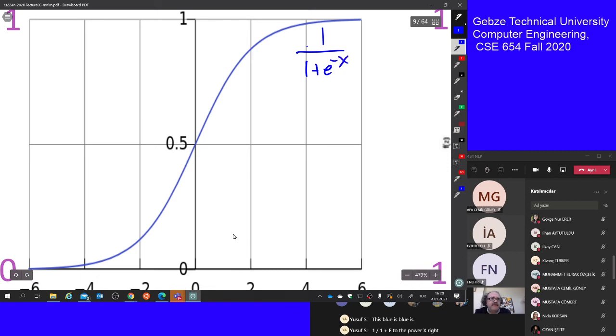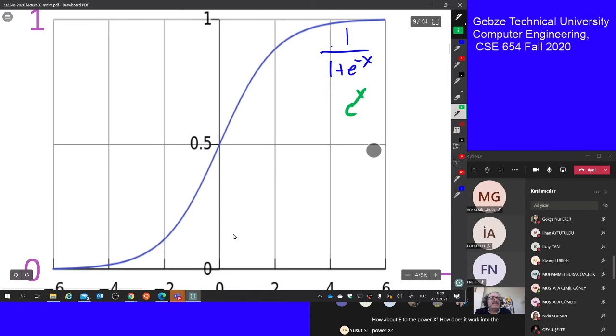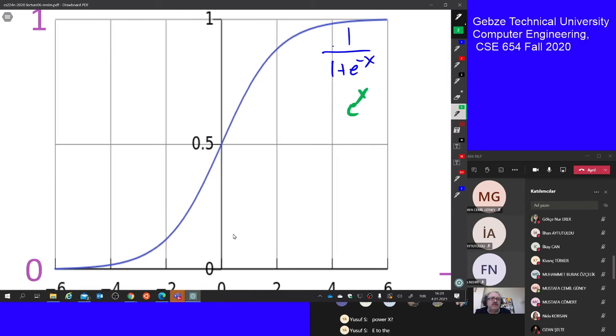That's the blue. How about e to the power x? How does it work, e to the power x? What is e to the power minus infinity?